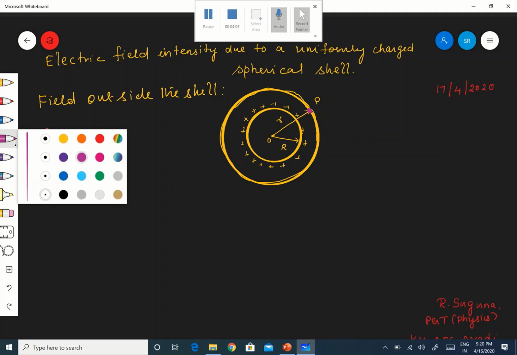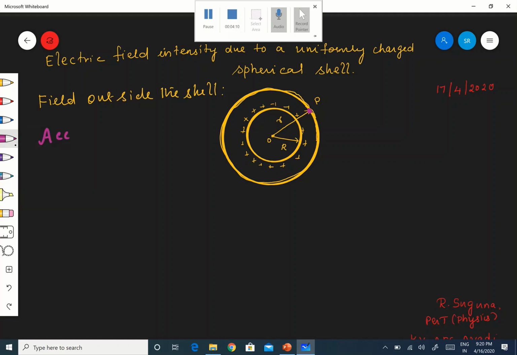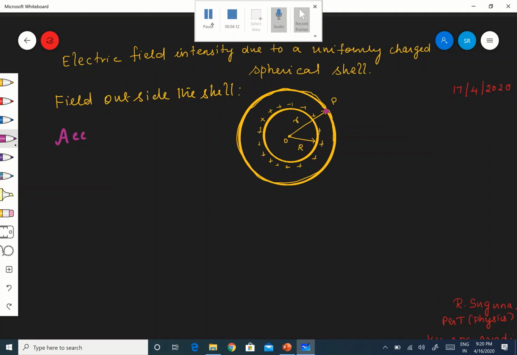Okay, what is E dot ds? Now I am going to take a very small surface here, actually on the sphere.